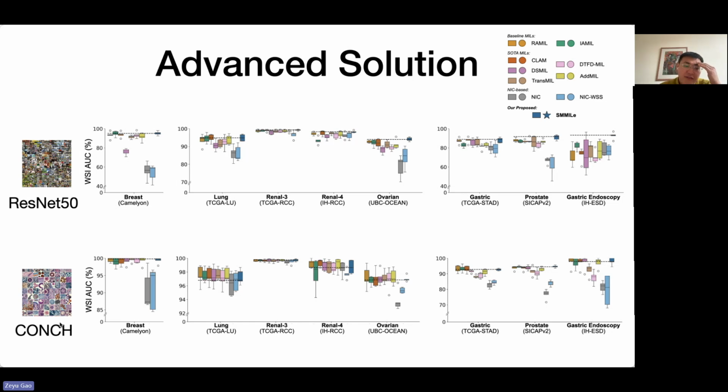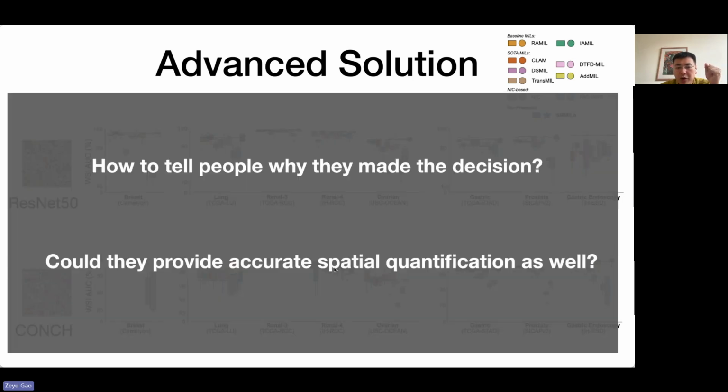But nowadays, if you have CONCH or UNI as a foundation feature extractor, you can find that most models are actually competitive with each other. There's no such difference, because we already have very good accuracy for slide level analysis. So how do we tell people why those models made the decision? How could they provide very accurate spatial quantification as well?